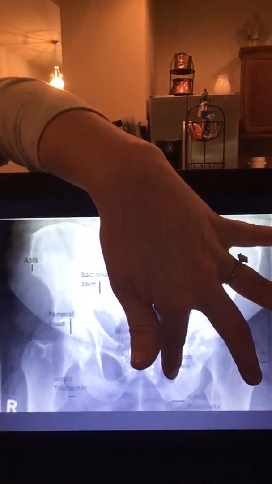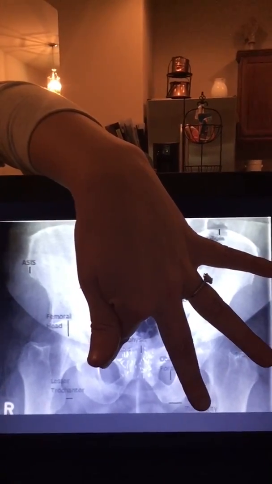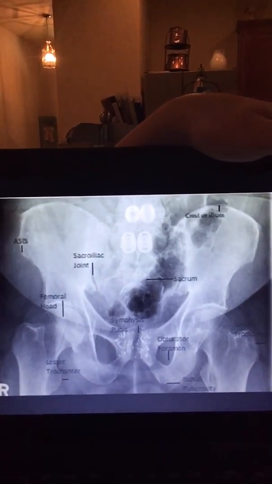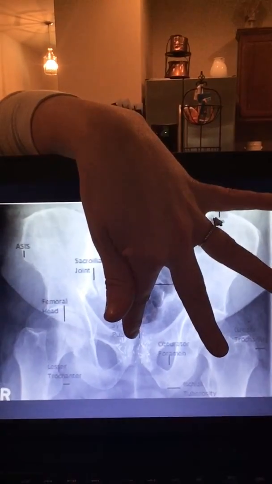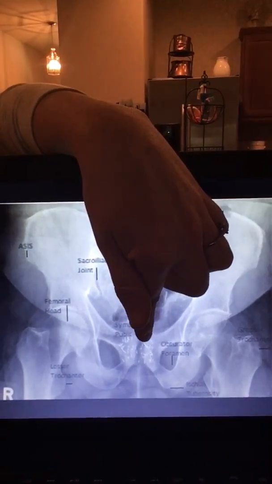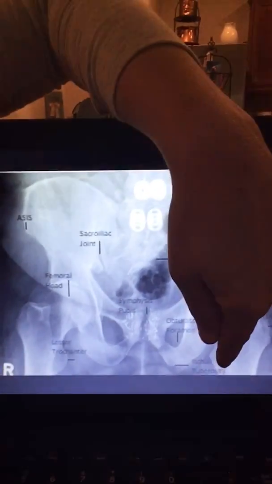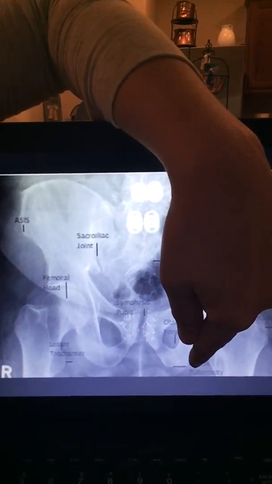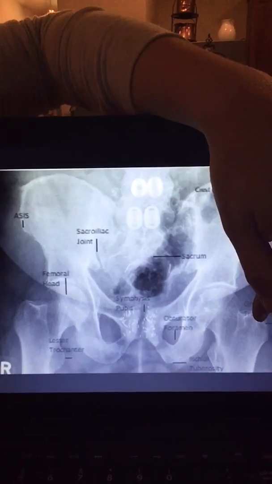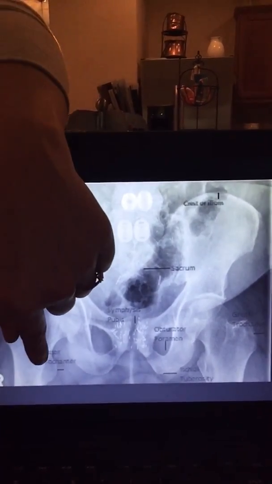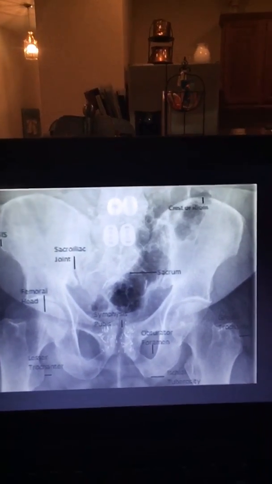Down here we have the obturator foramen, which again is a good indication to be able to tell if the patient is rotated. Right here we have the symphysis pubis. Down here we have the ischial tuberosity. And over here we have the greater trochanter, and you can see those on both sides. And then the lesser trochanter, I'm not sure if I've said that already.